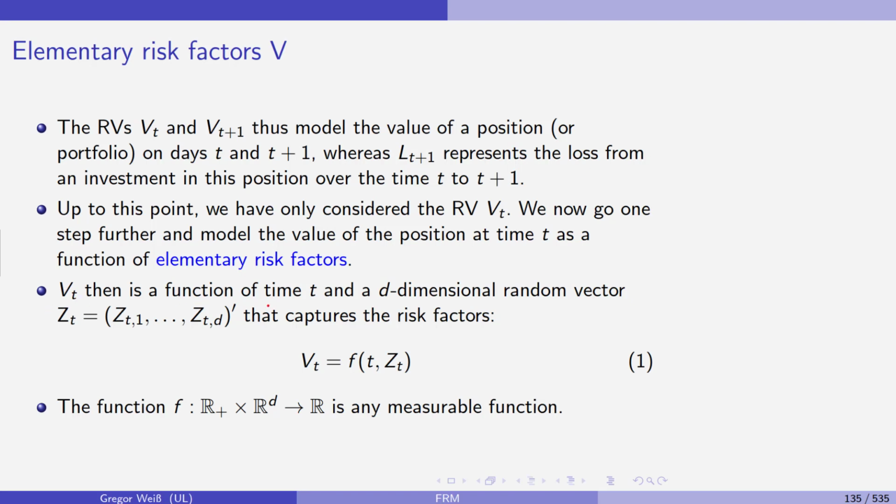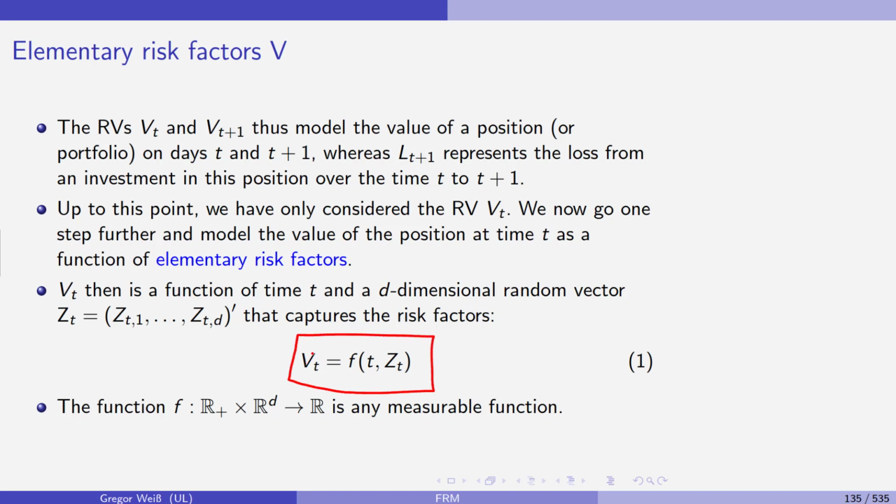And the value is obviously a function of time and a d-dimensional random vector zt1 until ztd that captures different risk factors. So Vt is a function f of t and zt, and f is any measurable function. We don't need to care about this, but this is important. So the value is a function in time and risk factors.